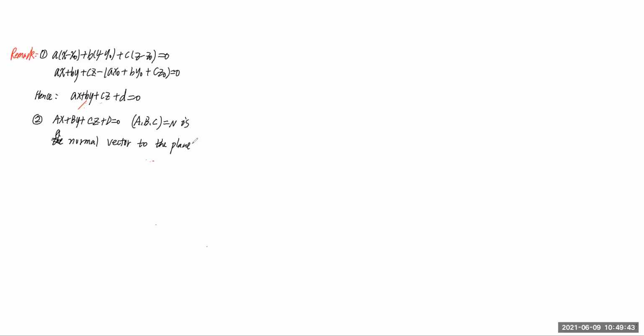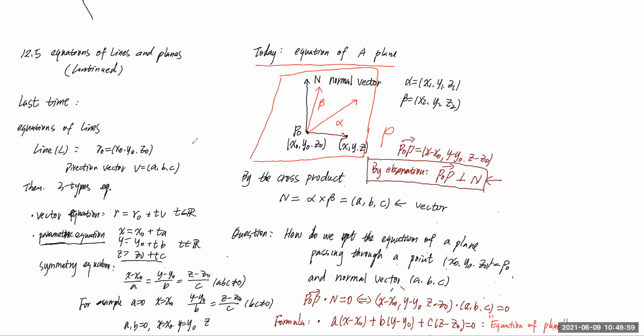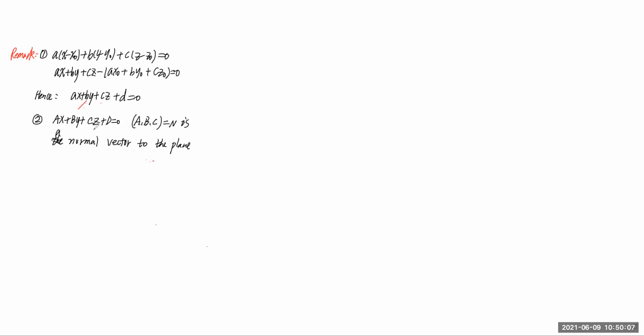By my analysis, N, the normal vector, is very important, and then you get an equation, and you find it appears as the coefficients of x, y, z, right? So in the future, if someone gives you the equation of a plane like this, you can automatically read off the normal vector. A normal vector is ABC. Clear? Okay, that's what I would say.